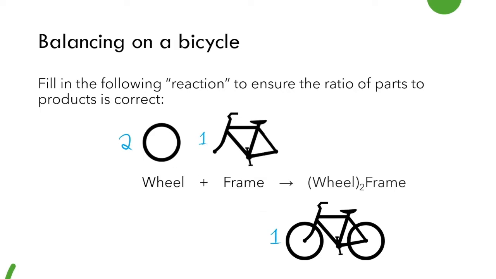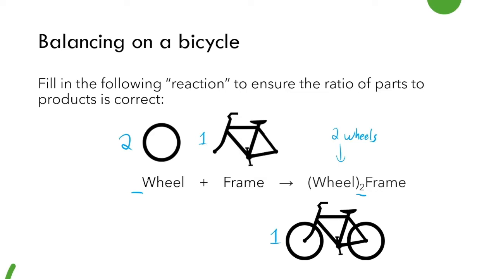We can look at the numbers that are present in this reaction. We see a 2 in the wheel to frame. What that means is on the right side, we have a total of 2 wheels. As written, on the left side, we only have one wheel, because remember, if there's nothing written there, it's considered to be a 1.